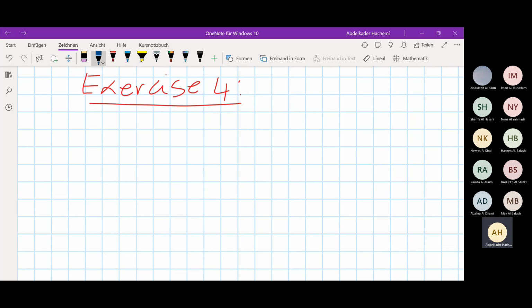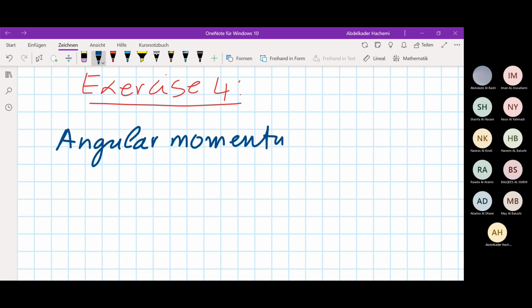Now we take, by definition, the angular momentum.